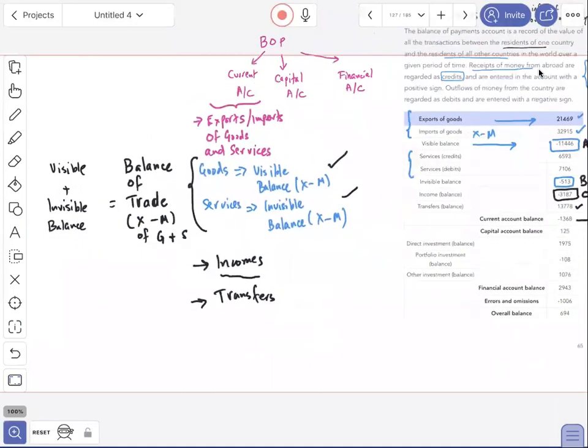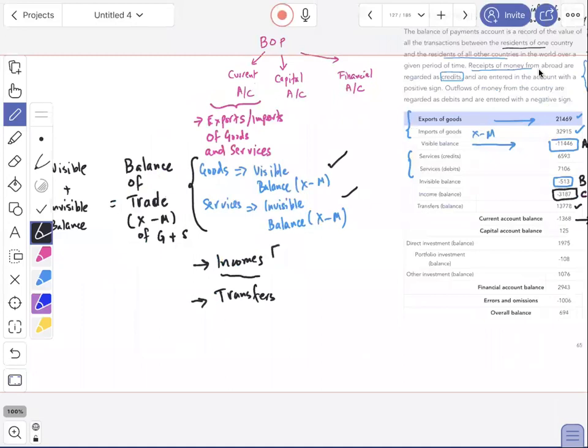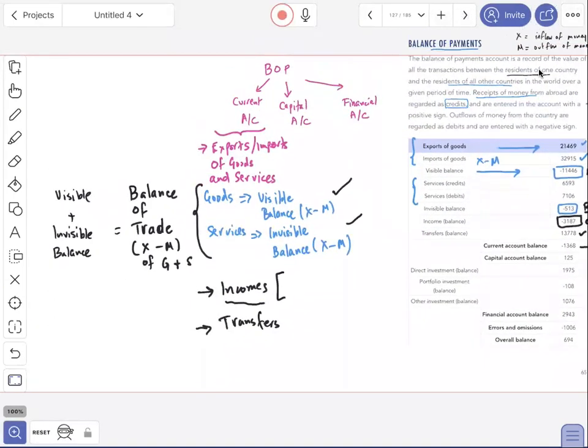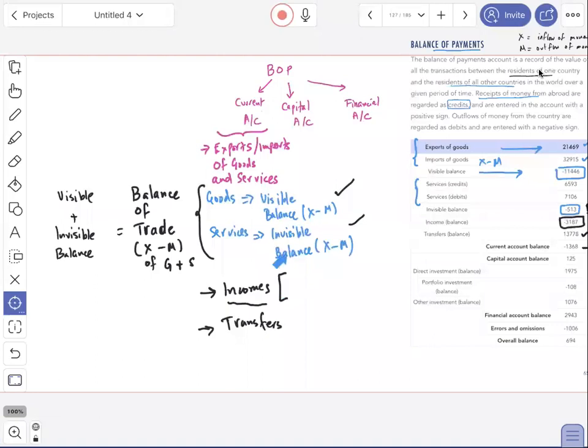Then come the incomes, like all the incomes that a country is receiving versus paying. For example, let's say I own an apartment in the UK and I receive rent for that apartment. That rent is an income, and so it will come in the income section of the balance of payments. If money is received by a resident in the country, I should record that as a positive entry.